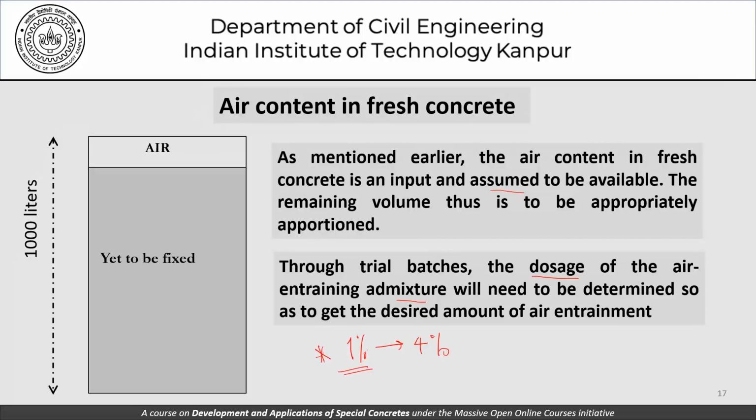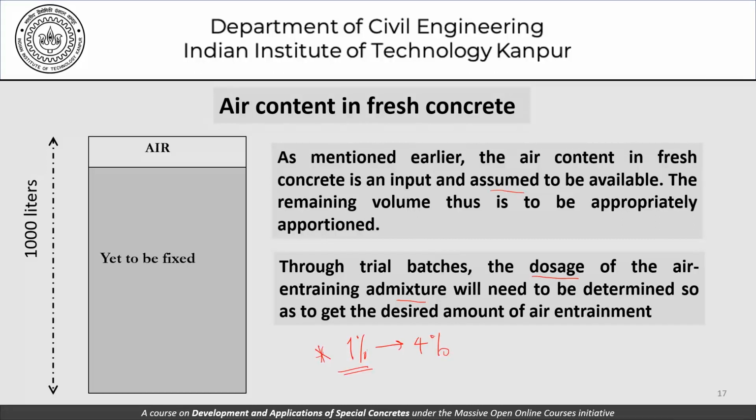Because at the end of it, the manufacturer also would have carried out certain trials and have determined that number. So the material that we are using in a particular construction site could be different from that used by the admixture manufacturer. And therefore, there is no reason to believe, or to just believe blindly at least, that 1% will give you 4% if the manufacturer says so.